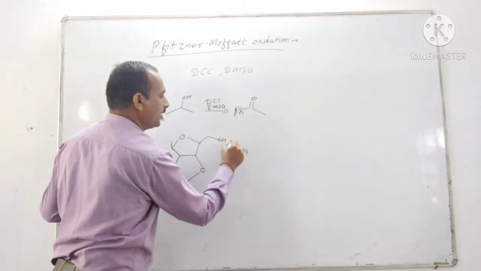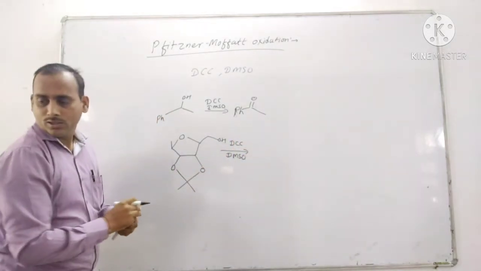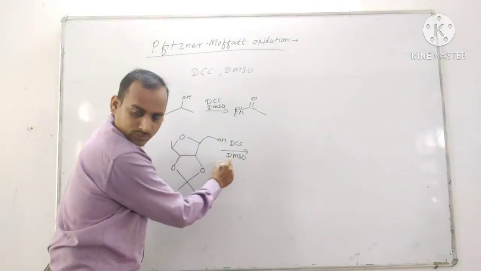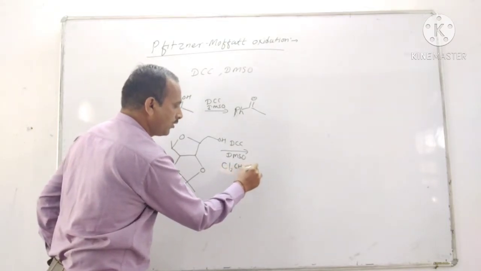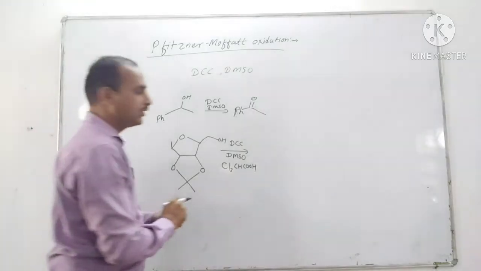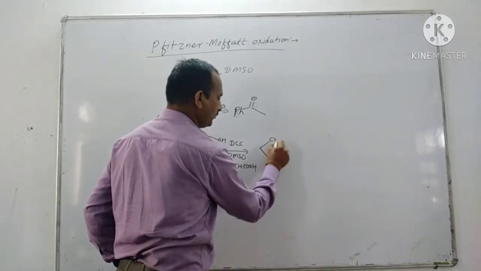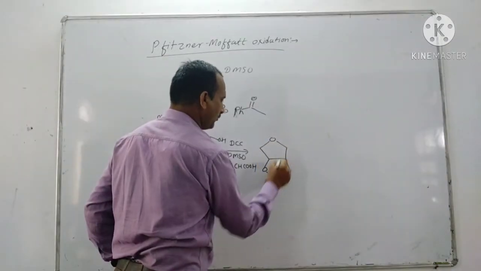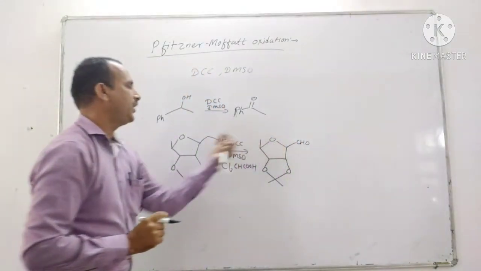Now DCC DMSO in presence of dichloroacetic acid, it forms CHO, this type of aldehyde.